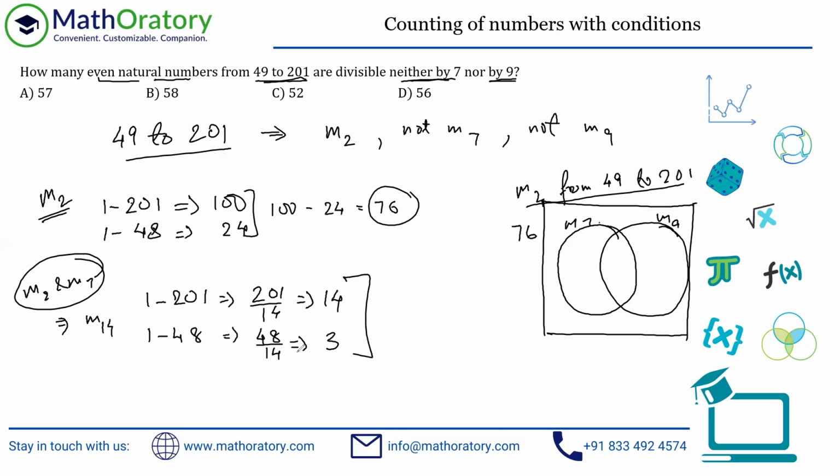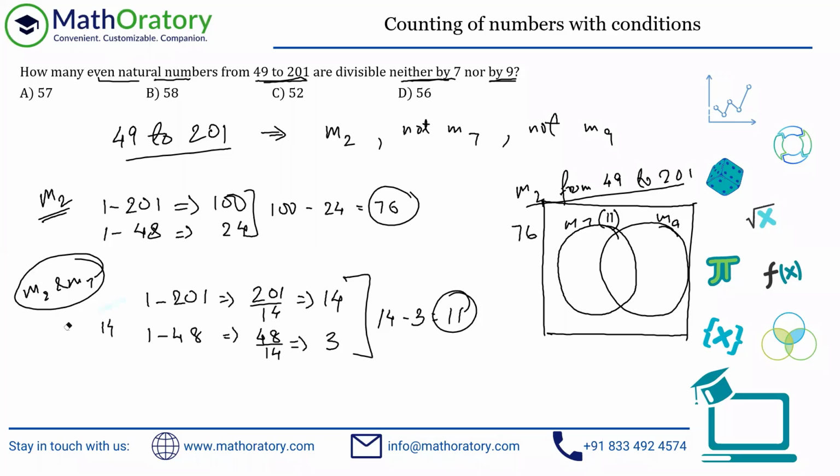If 48 by 14 is tough, you can do 24 by 7, same thing. So 14 minus 3, there are 11 multiples of 7 among these multiples of 2. So this entire circle comprises 11 numbers. Let me just write this for the circle. So there are a total of 11 numbers in the circle, right?